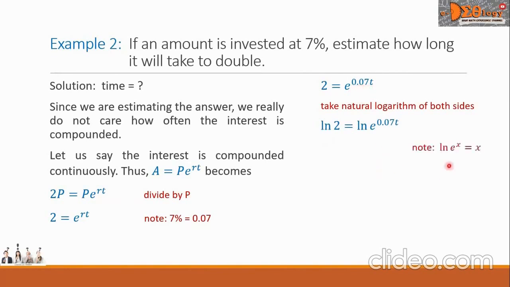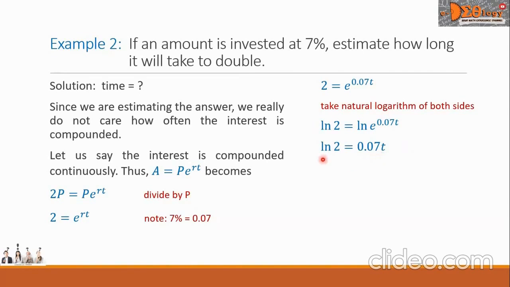I hope you still remember that ln of e raised to x can be simplified into x. So we can simplify this equation further by writing ln of 2 equals this exponent now, the 0.07 times t.